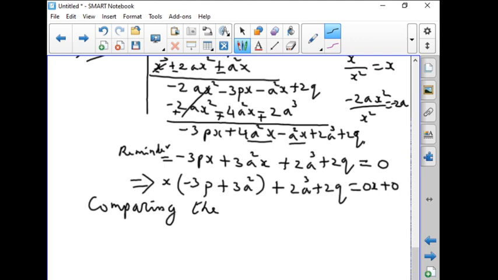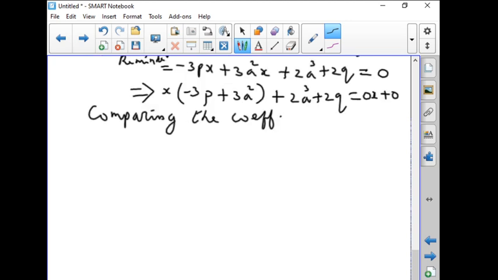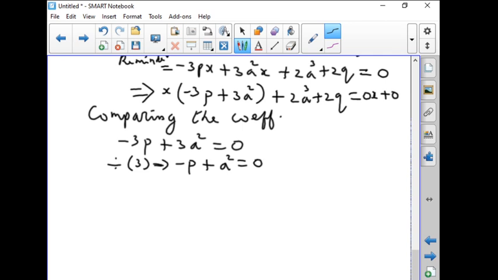So comparing the coefficients, we get minus 3p plus 3a square is equal to 0. Divide by 3. What we get? Minus p plus a square is equal to 0. So we get p is equal to a square.